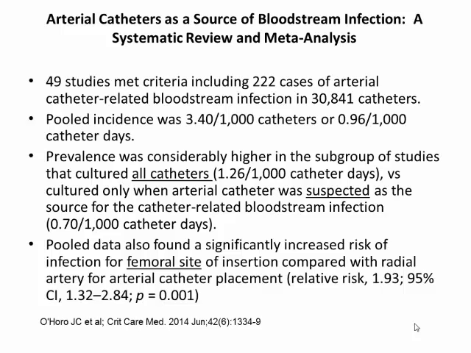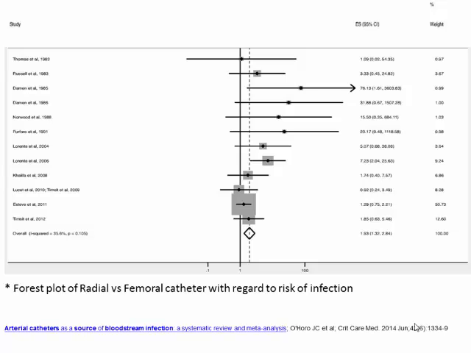They actually saw that prevalence was considerably higher when they cultured all catheters versus only when the arterial catheters were suspected as the source of bloodstream infection. They also found that there was an increased risk with the femoral site of insertion compared to a radial artery site. This explains in the graph.